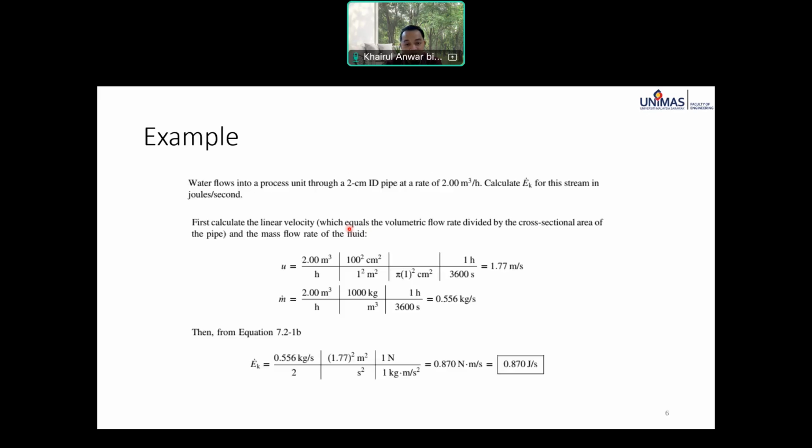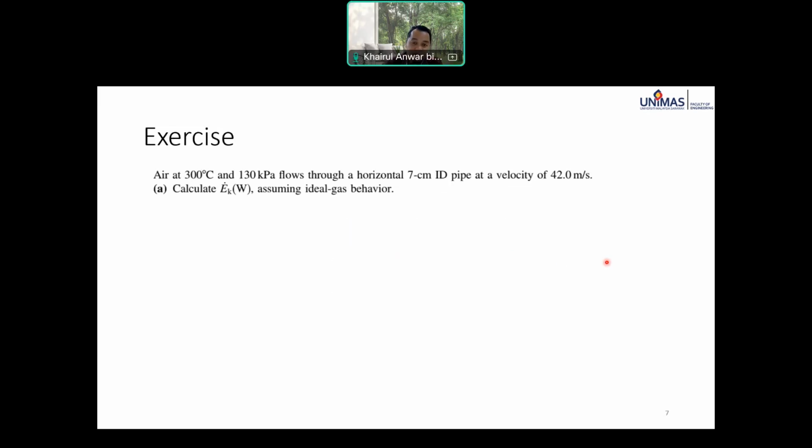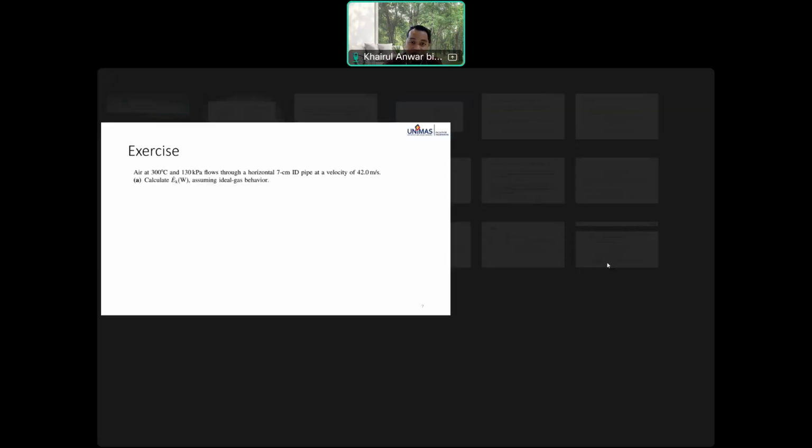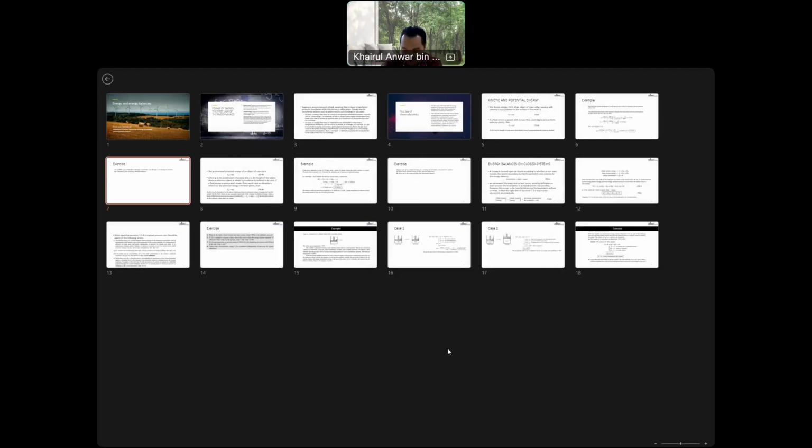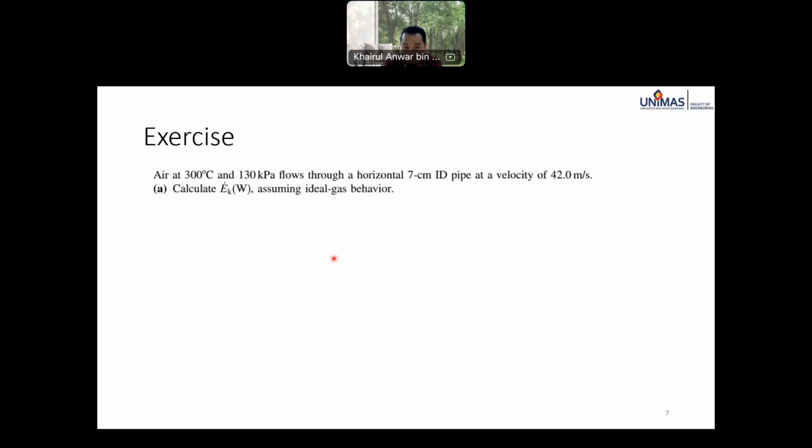To find the volumetric flow rate, you need to use this equation. Since we have the U already, we need to find this term, the first term. Once you identify that term, then it's straightforward. Find the N, can use what?